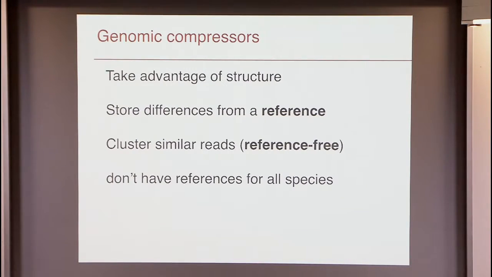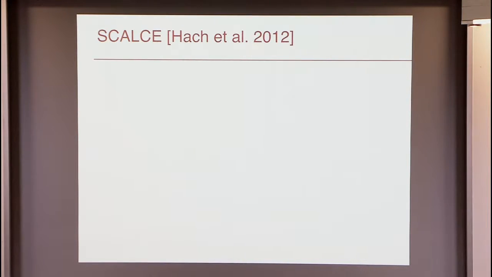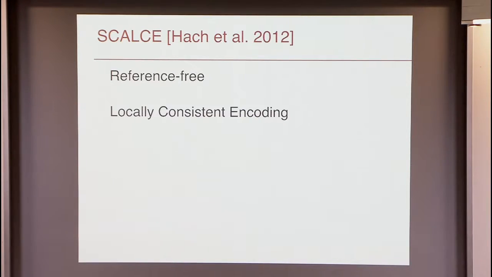So the very first technique I want to talk about is called SCALCE. And I apologize if I butcher it, because this comes out of Cenk's lab. This is a reference-free compressor that uses something called a locally consistent encoding, which I will try to explain.